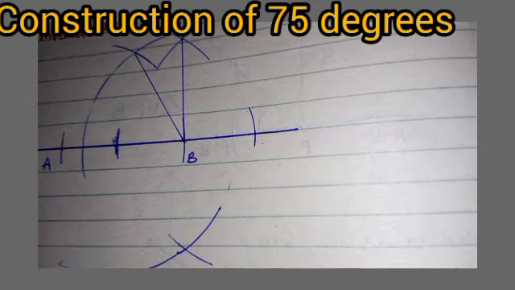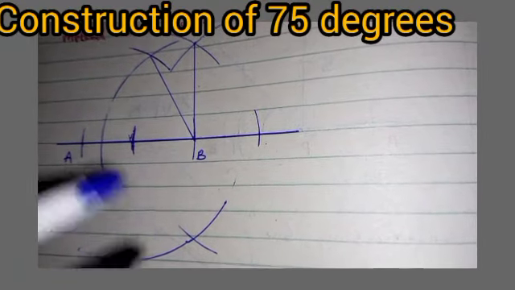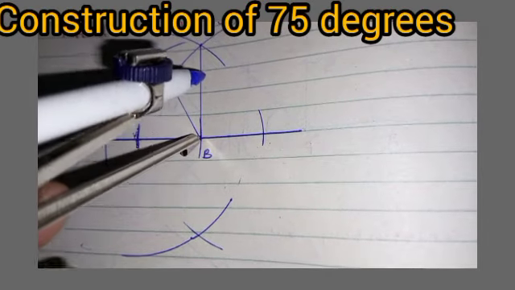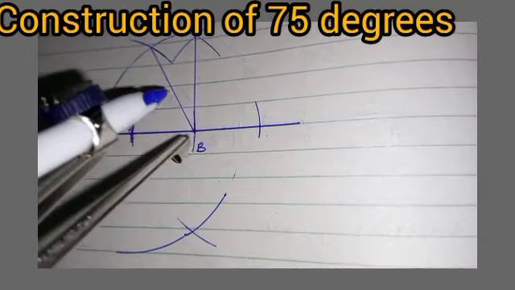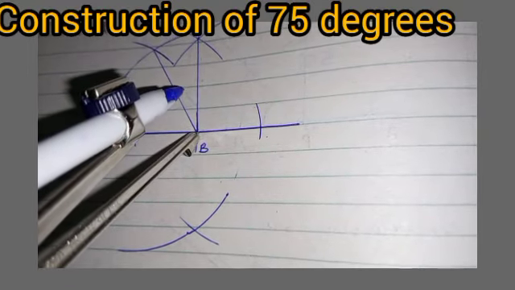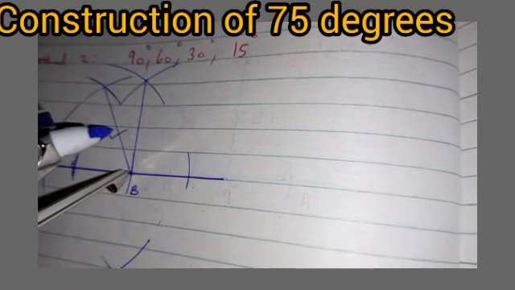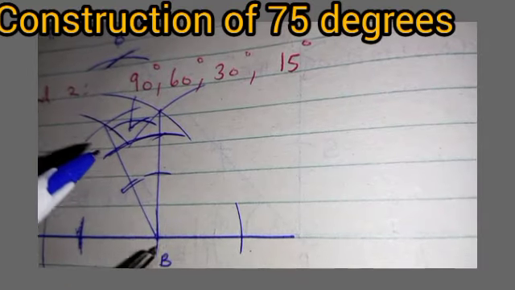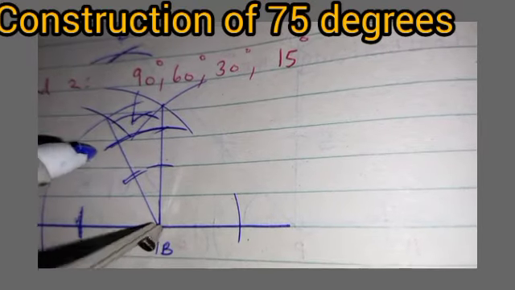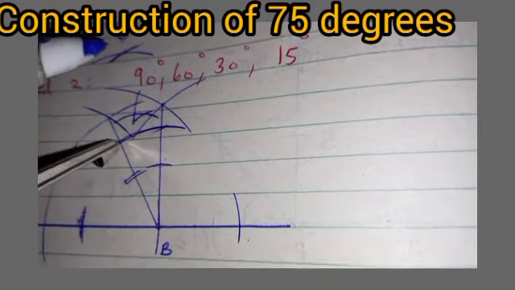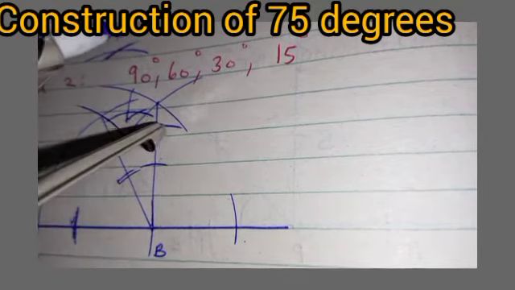The next thing you do, we bisect this angle of 30 degrees to get an angle of 15. Bisect it by making an arc there. At point B, make an arc there, then at one of the arcs you make an arc there, and another arc there.